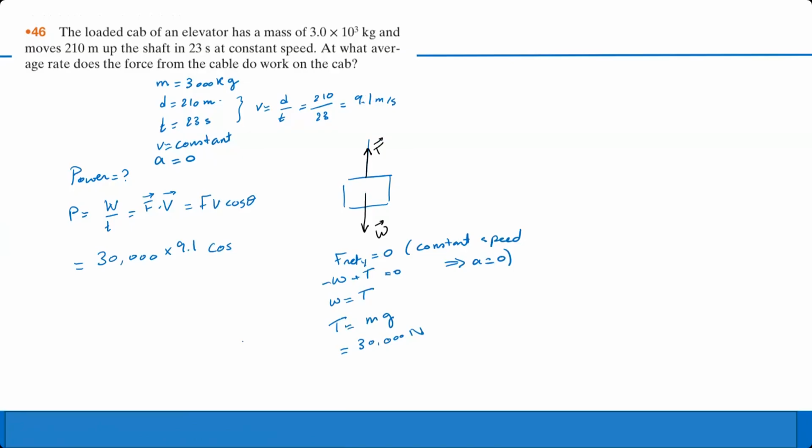The cabin is lifted up, so D is upwards, and T is also upwards, so the angle between them is 0. I can deduce the power. You should get around 270,000 watts.